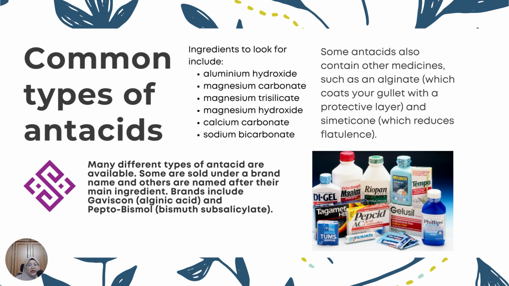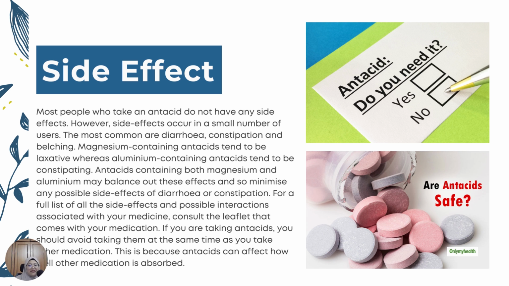Ingredients to look for include aluminum hydroxide, magnesium carbonate, magnesium trisilicate, magnesium hydroxide, calcium carbonate, and sodium bicarbonate. Some antacids also contain other medicine, such as alginate, which coats your gullet with a protective layer, and simeticone, which reduces flatulence.